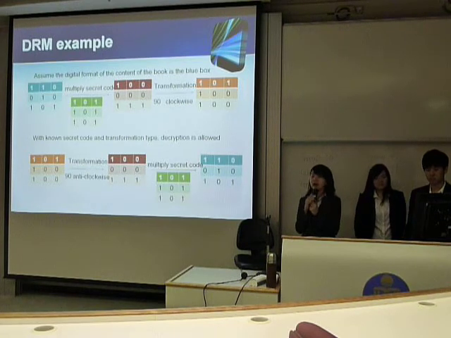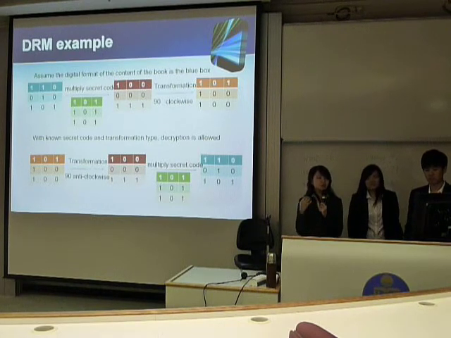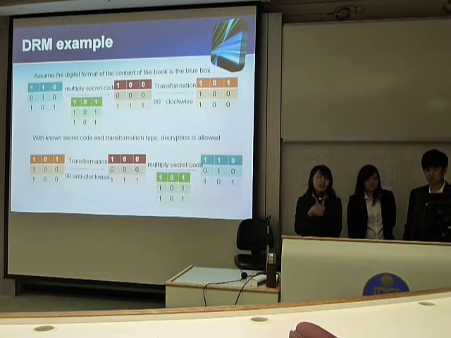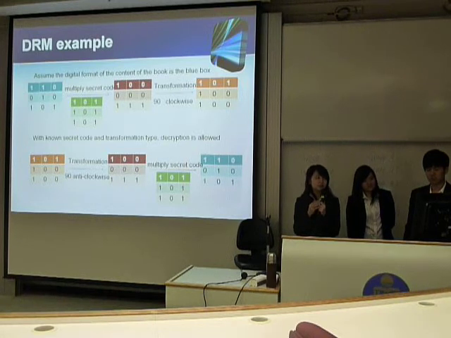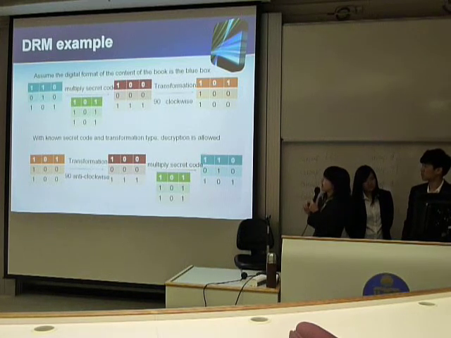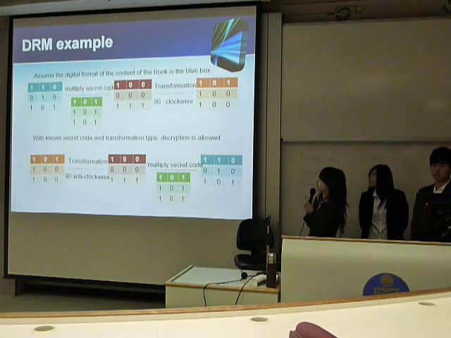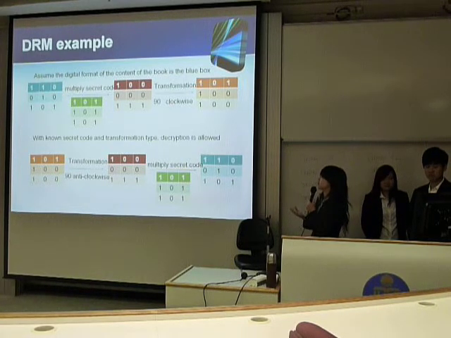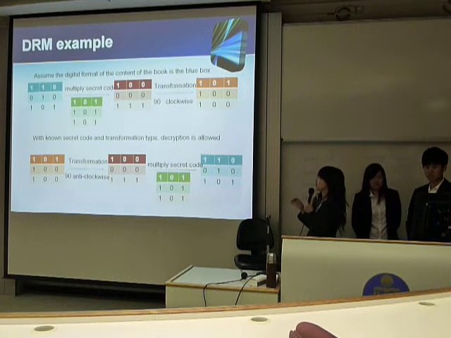For example, I'm a writer and I want to send some message to my friend. This blue box is the message that I want to send to my friend. I will first multiply by a secret code, which is the green box, and then do some transformation, such as rotating the box 90 degrees clockwise.